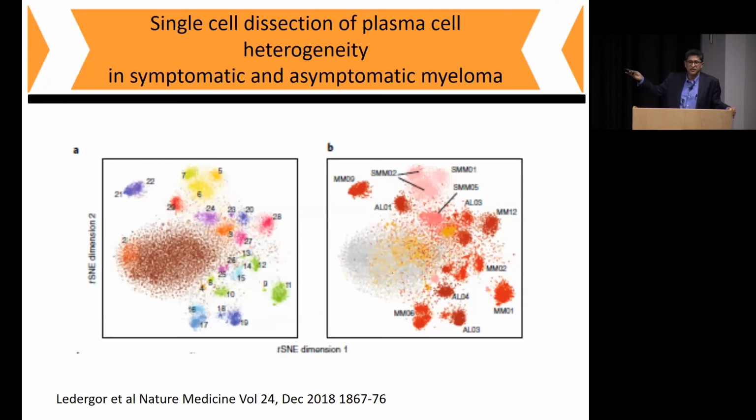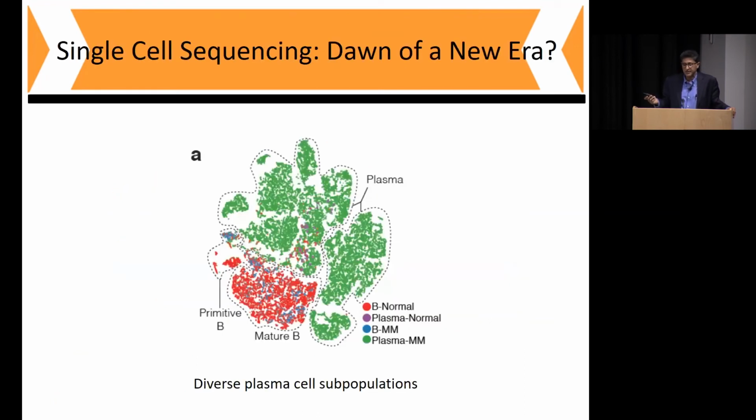But at this level, you can say, okay, 20% of the cells have 5 mutations, 5% of the cells have a different set of mutations. So this is something that will probably lead to even greater ability to use this information for personalized medicine.